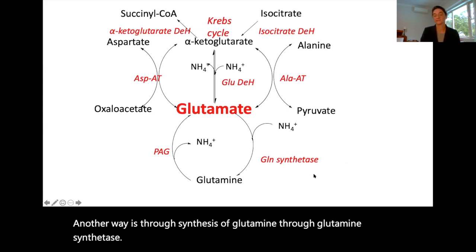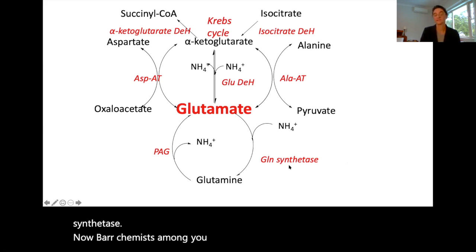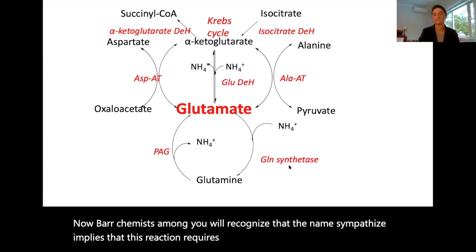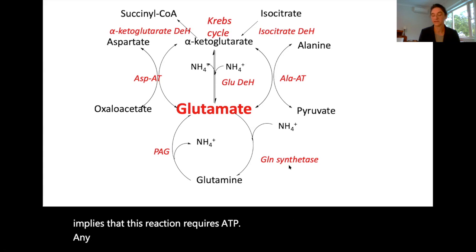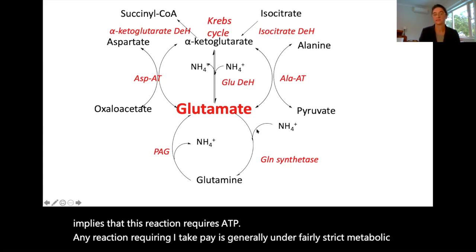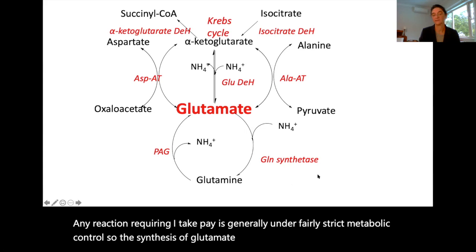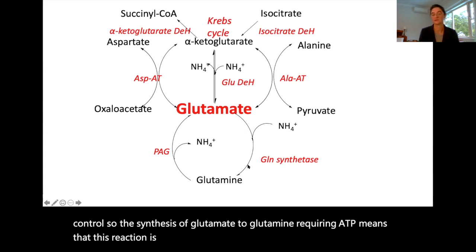Now, the biochemists among you will recognize that the name synthetase implies that this reaction requires ATP. Any reaction requiring ATP is generally under fairly strict metabolic control. So the synthesis of glutamate to glutamine requiring ATP means that this reaction is strictly controlled. It's not something that is necessarily always in equilibrium.